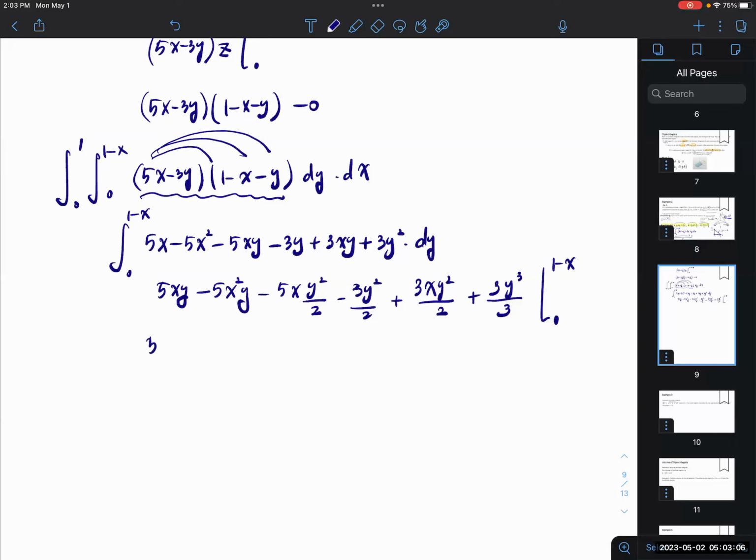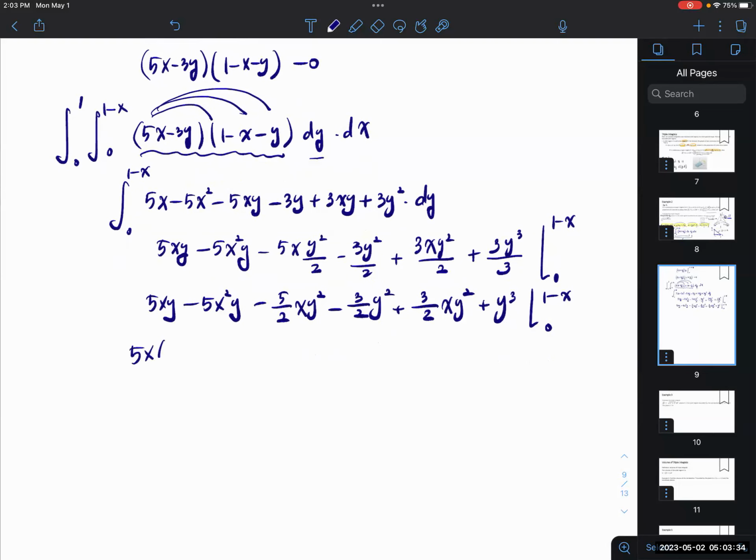So I have 5xy minus 5x squared y minus 5 over 2 xy squared, minus 3 over 2 y squared, plus 3 over 2 xy squared, plus y to the third, from 0 to 1 minus x. Now you're going to plug in 1 minus x for y.